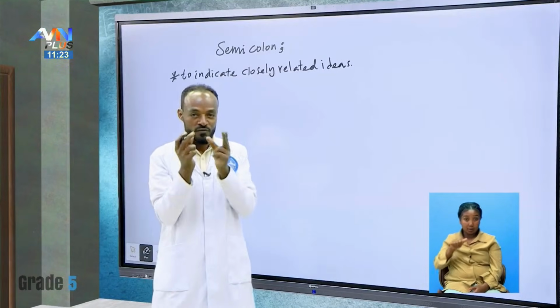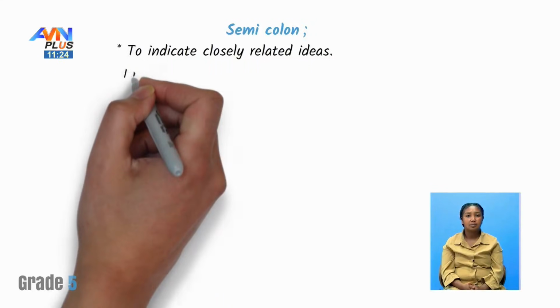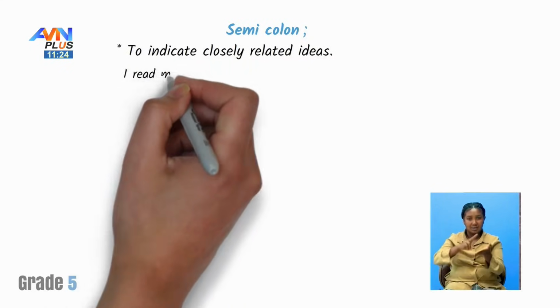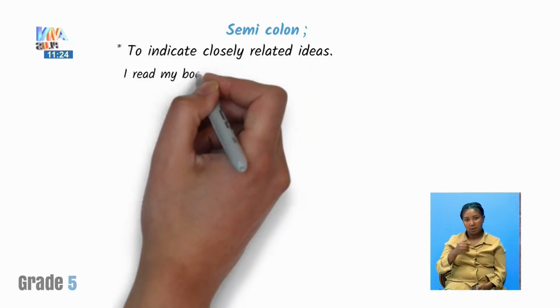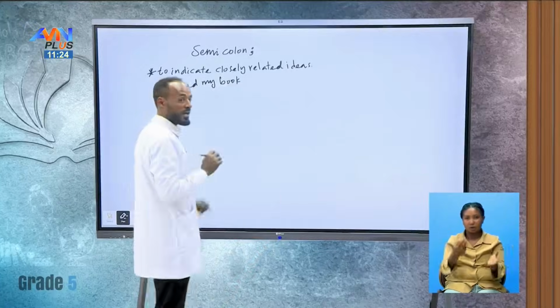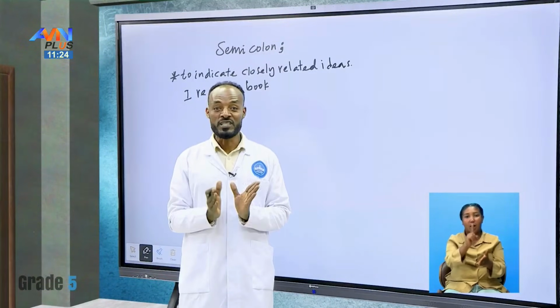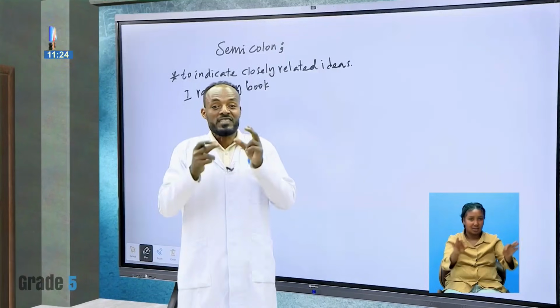Is it clear? For example, I read my book. Look, I read my book. This one is one independent sentence. Okay? It can stand by itself.